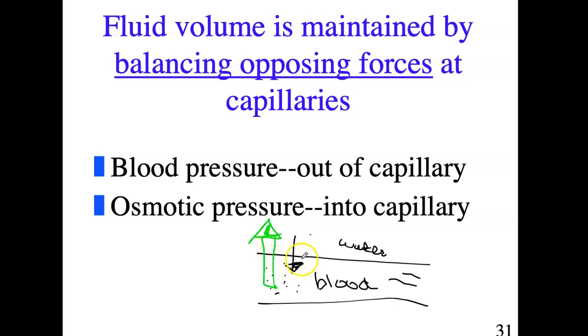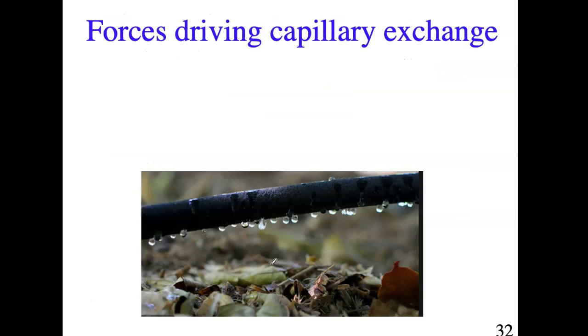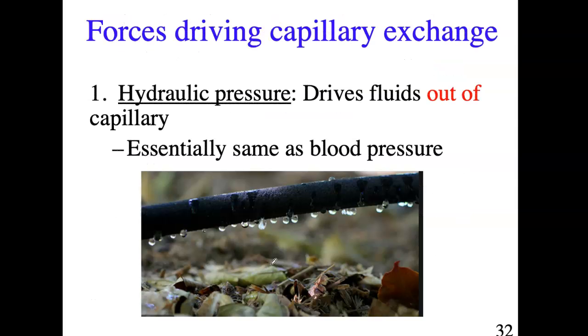But as that blood pressure diminishes as it flows, my arrow getting smaller on this end, then at some point the osmotic pressure may overcome the blood pressure. We call it hydraulic pressure that's driving the fluid out of the capillary, because hydraulic means fluid in motion, but it's really the same as blood pressure. That's what we mean.